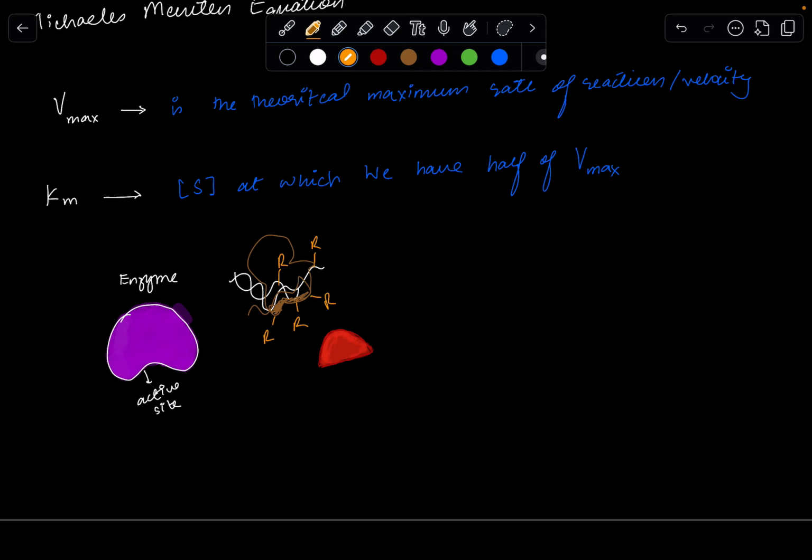And effectively, when we say an enzyme binds to a substrate, it's these R groups, or these chemical species on the enzyme, that will react with a chemical species on the substrate. So if this is our substrate, let's say there's an OOH sticking out. This R group might react with this OOH, and they stick together. So they're binding and sticking together.